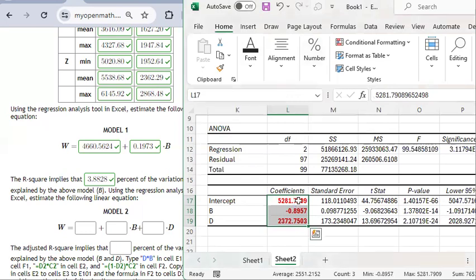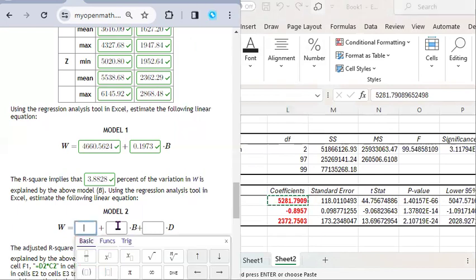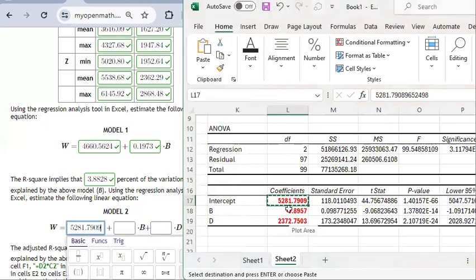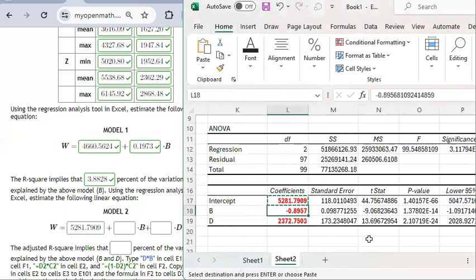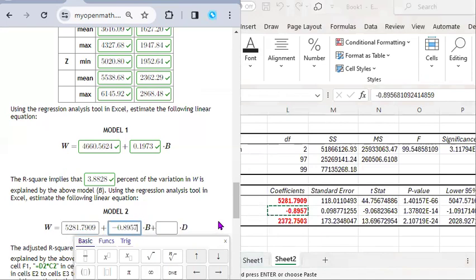So now the intercept in my model is roughly $5,281.79, but I have more precision. The slope of my benefit level is negative, which indicates there's a trade-off, correct?